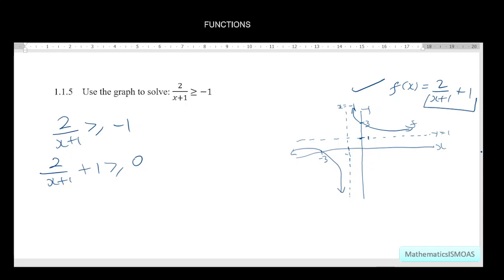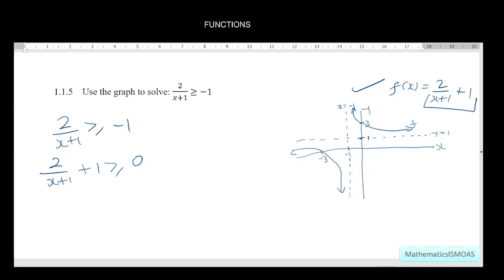It simply means find the values of x where 2 over x plus 1 will be greater or equals to 0. And 2 over x plus 1, that is our f of x. Meaning we want where the graph is greater than 0 or equals to 0.